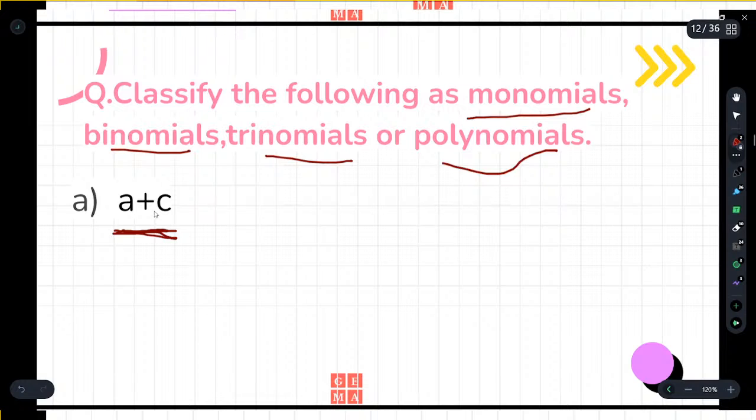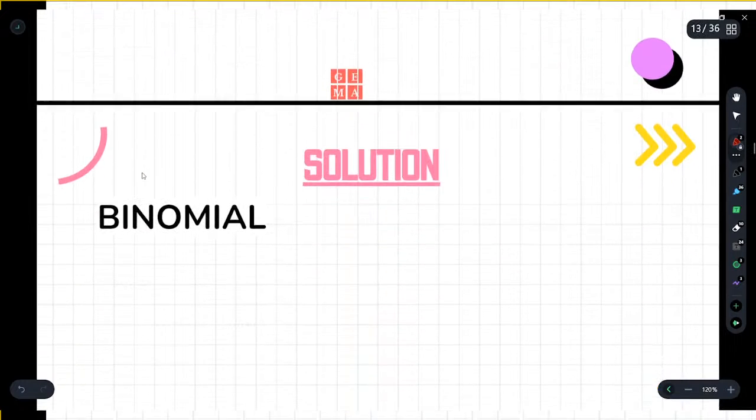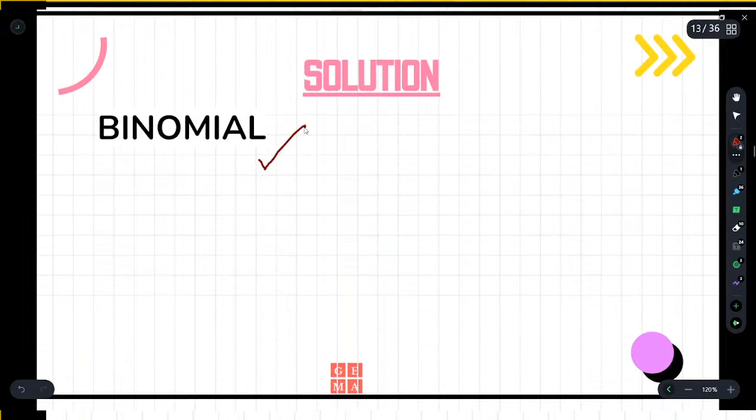Which one is it? For checking that, we will have to check the number of terms in it, right? First and second. It has got 2 terms in it, right? So it will be what? A binomial, right? Yes, it will be a binomial.